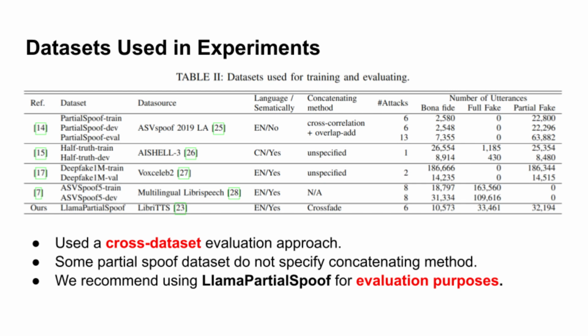Notably, some partial spoof datasets lack clear guidelines on concatenating fake and real segments. In our case, we utilized crossfading to enhance the naturalness of partial spoof utterances, ensuring more realistic evaluation scenarios. We recommend using LlamaPartialSpoof for evaluation, as it covers a wide range of attacks, both full utterance and partial spoof, and ensures realistic audio manipulation techniques.